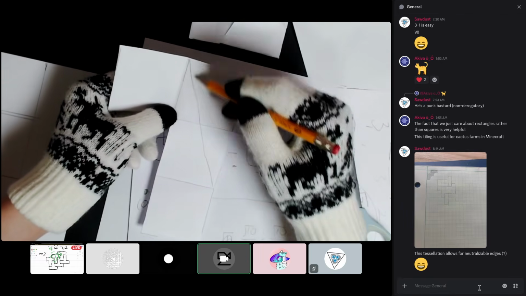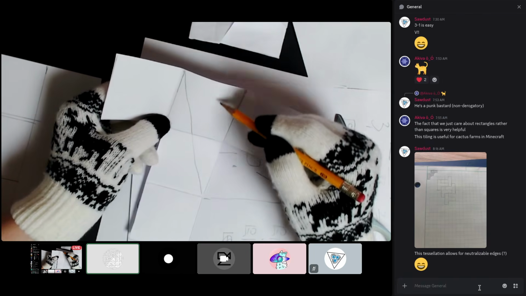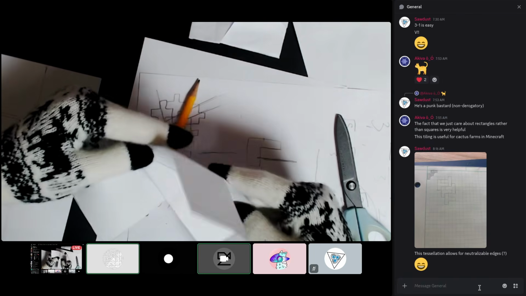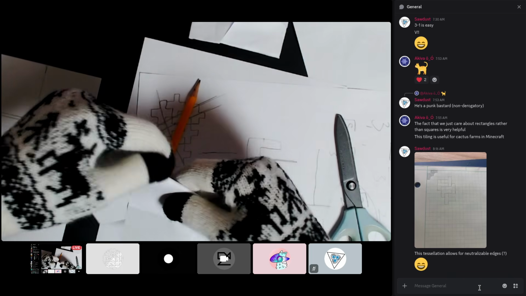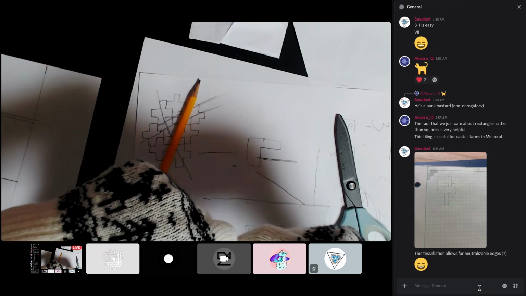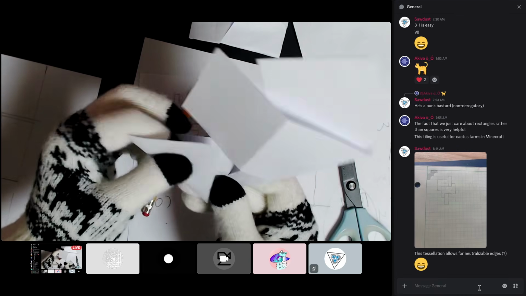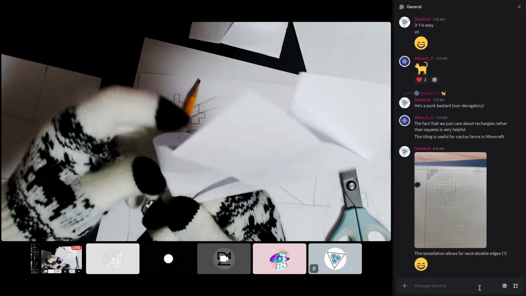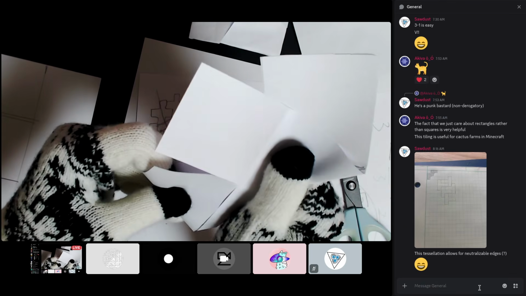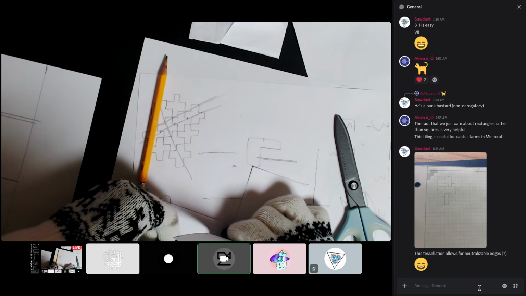So is it just this, or do I have to move it a little bit over? This is good. And just completing the rectangle from here. Whoops. Okay, let me make it a bit better.